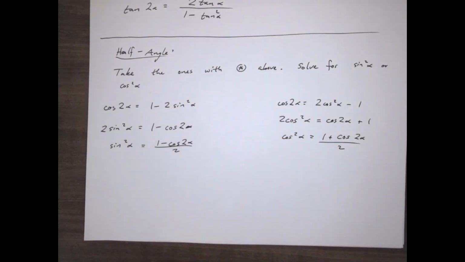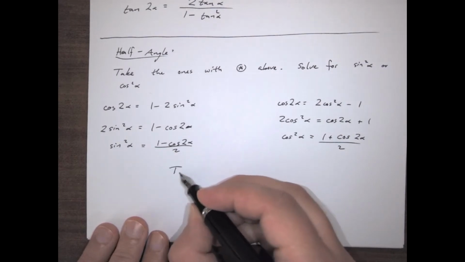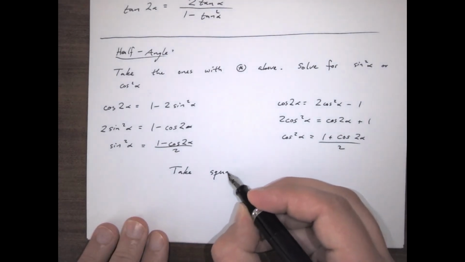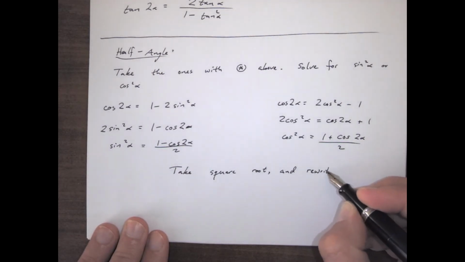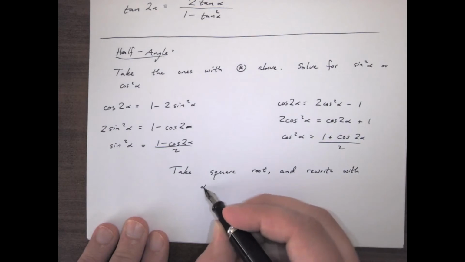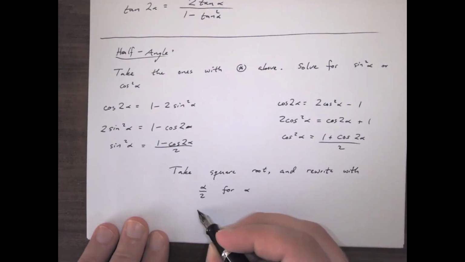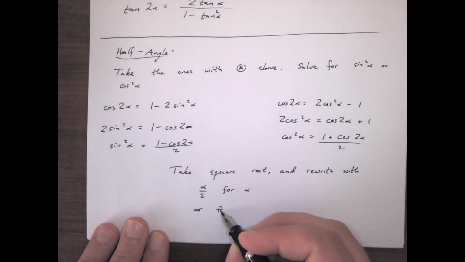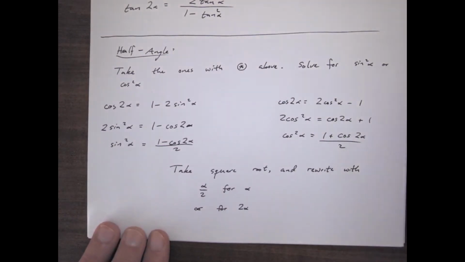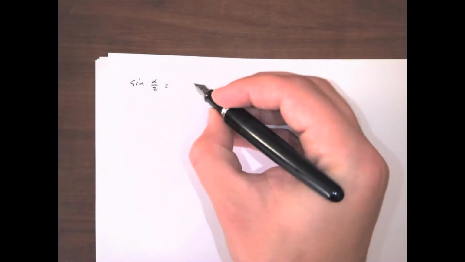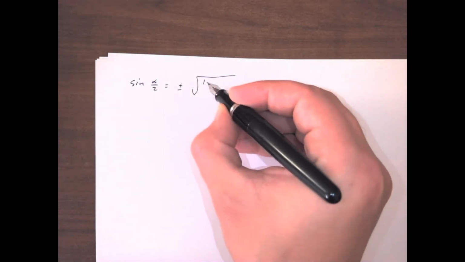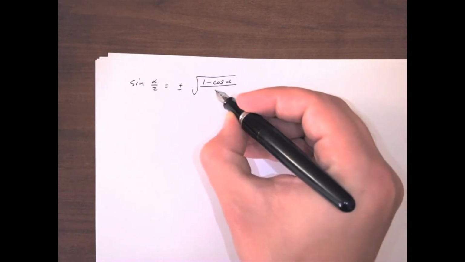Now, if I take the square root and rewrite it with alpha over 2 for alpha, and alpha for 2 alpha, so I just cut all my angles and rewrite them, rescaled, then what I would get is sine alpha over 2 is equal to plus or minus square root of 1 minus cosine alpha over 2.